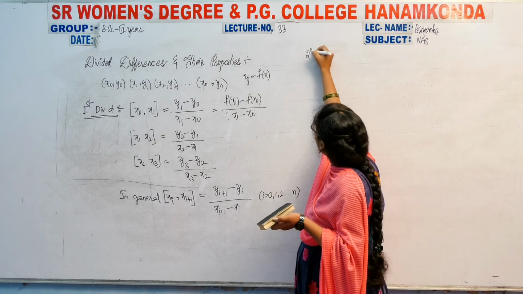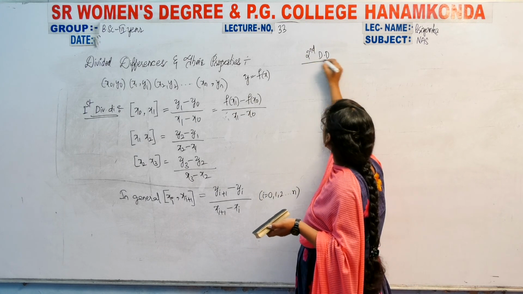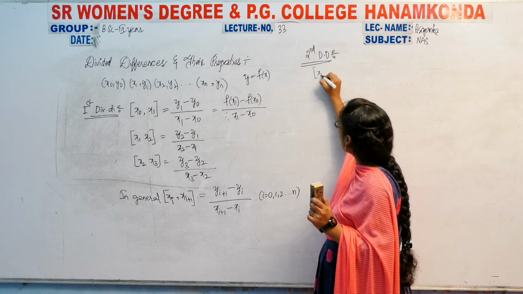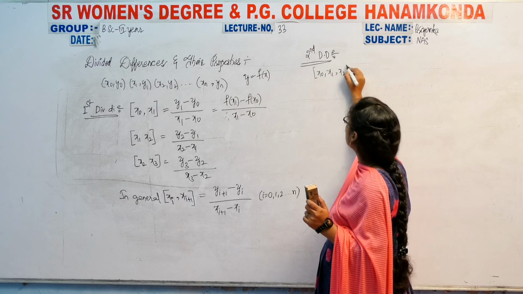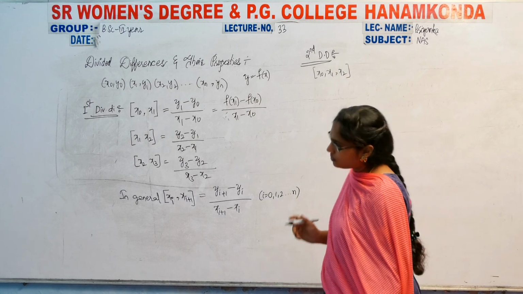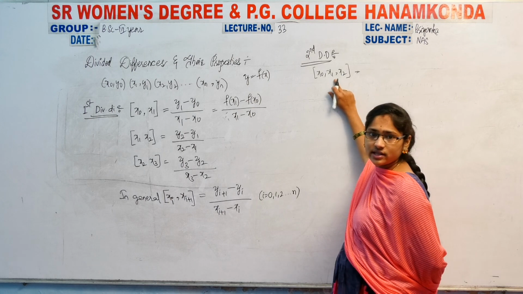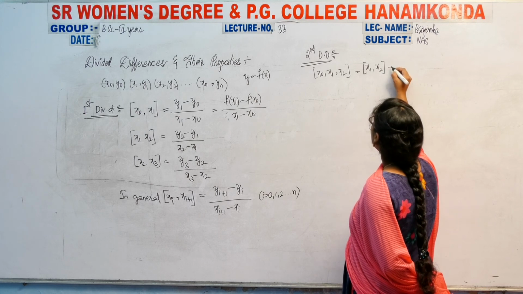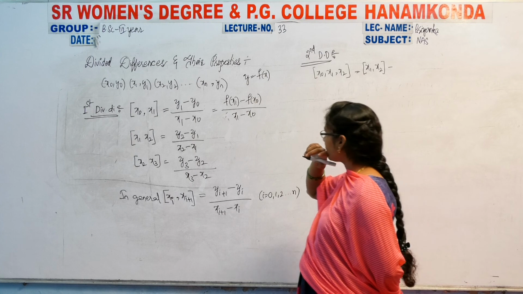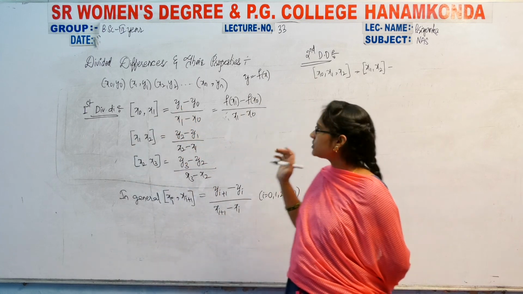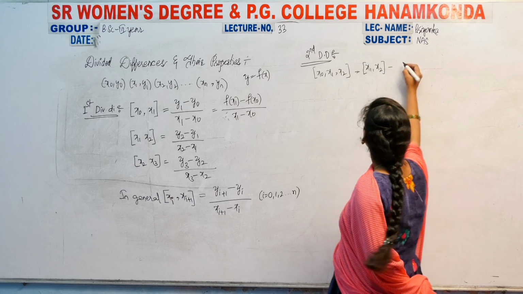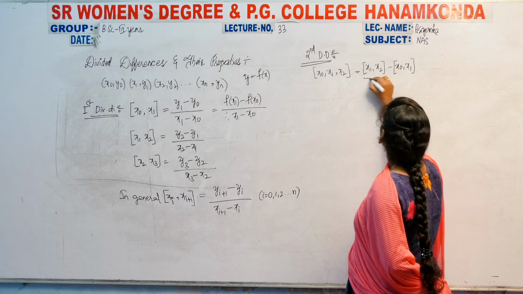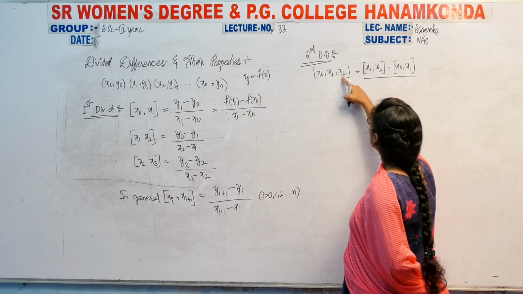Next, second divided differences. For the second divided difference we get three values, x0, x1, x2. Then the formula is, listen: first of all we take the second and third one, x1, x2, minus, next, the upper value and the next lower value, x0, x1, divided by, what is the upper value here? x2.